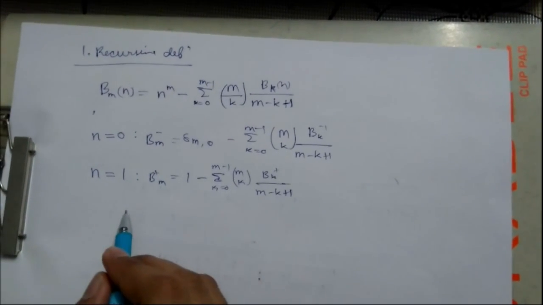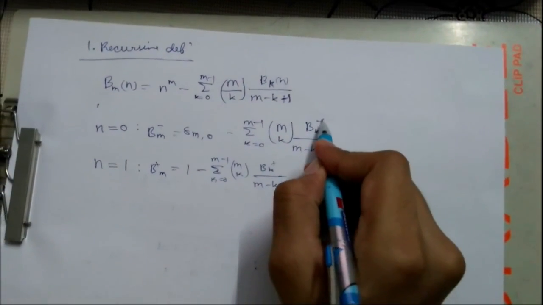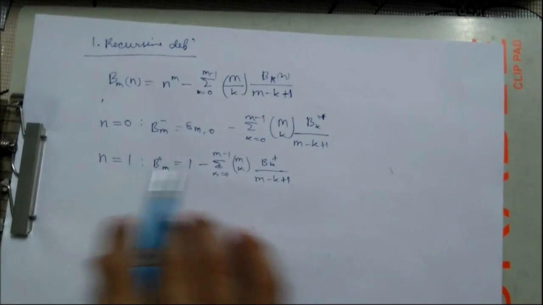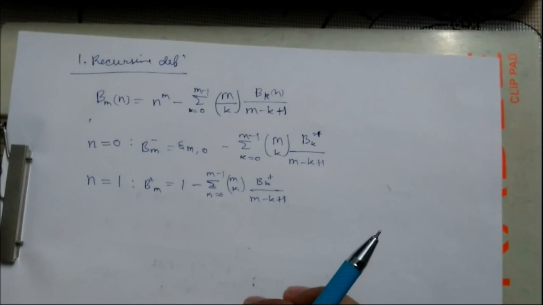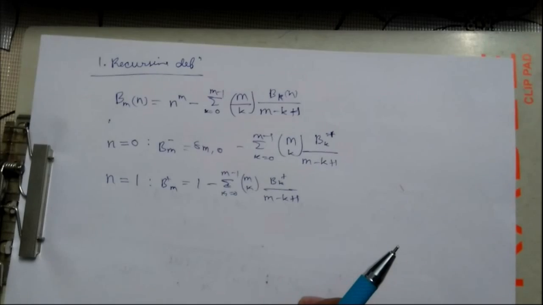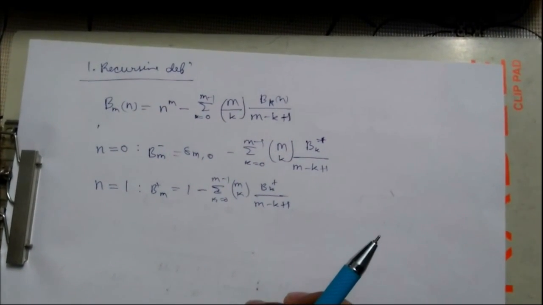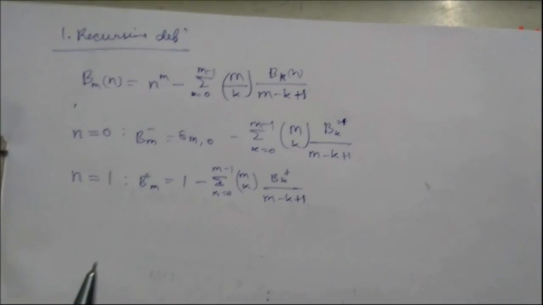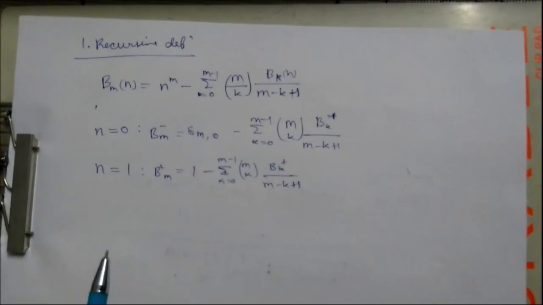Delta denotes the Kronecker delta, and bk minus and bk plus are two numbers. The Bernoulli numbers are actually alternating between plus and minus. So some authors describe Bernoulli numbers as alternating between plus and minus. Some of them start from minus and some start from plus.